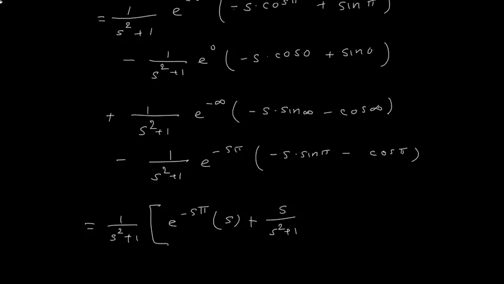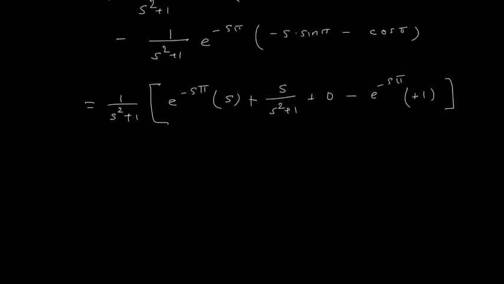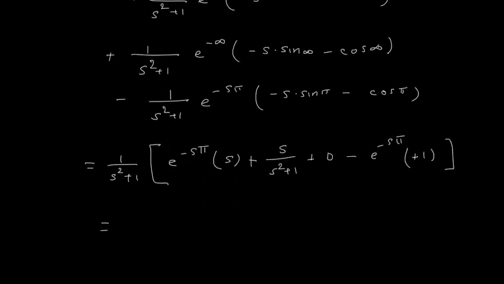Then here e power minus infinity is 0, so 0 minus, here e power minus s pi, and inside we have sin pi is 0, so this whole term is 0, and this is cos pi is minus 1, so minus minus plus 1. So finally I get, okay, here why I am writing s square plus 1, this is already taken out, so here I will write only s term, right, so plus s.